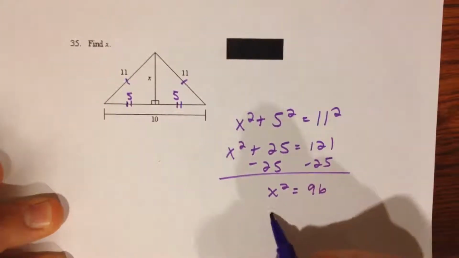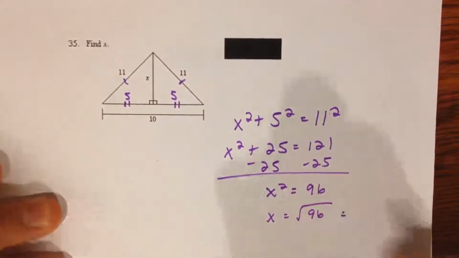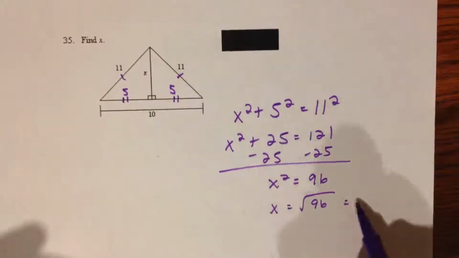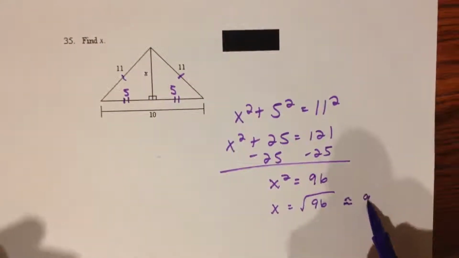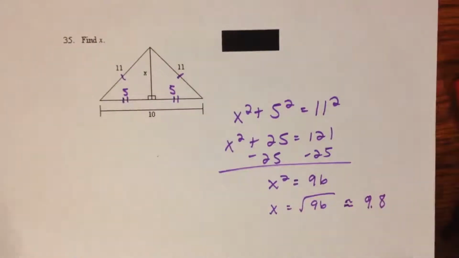So we got 96. Square root both sides. You can leave that in exact form. But if you're going to do the square root of 96, it's approximately 9.8 to the nearest tenth.